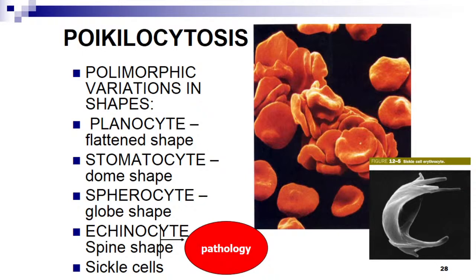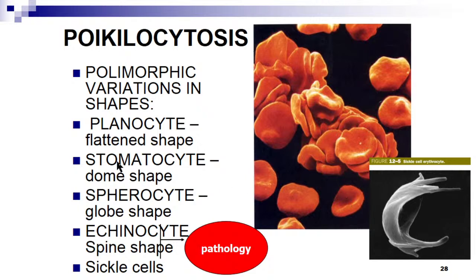Poikilocytosis is another pathological condition. Sometimes it can be described as a functional condition. It is polymorphic variation of red blood cells in shapes. Look at this one, the cells have a dome shape.